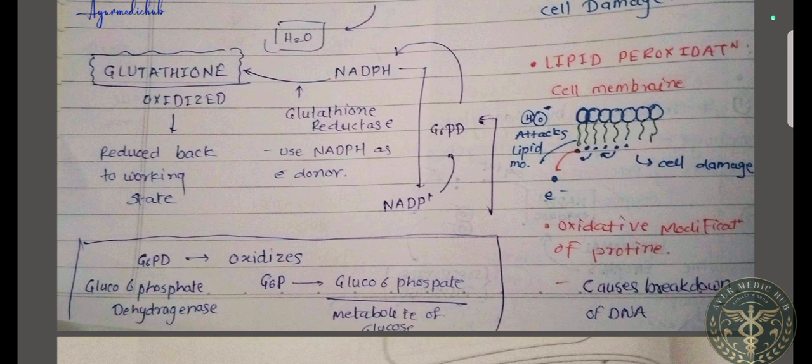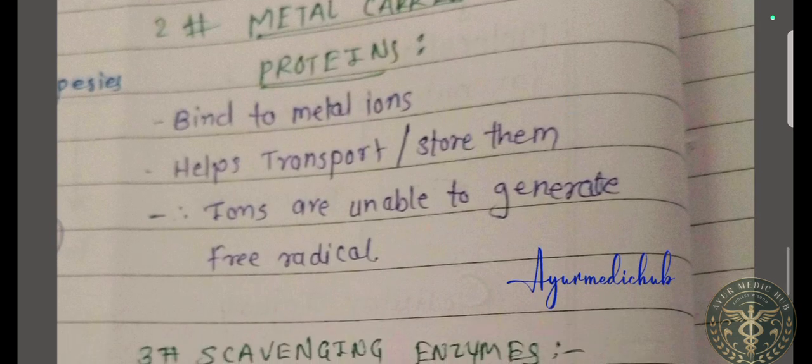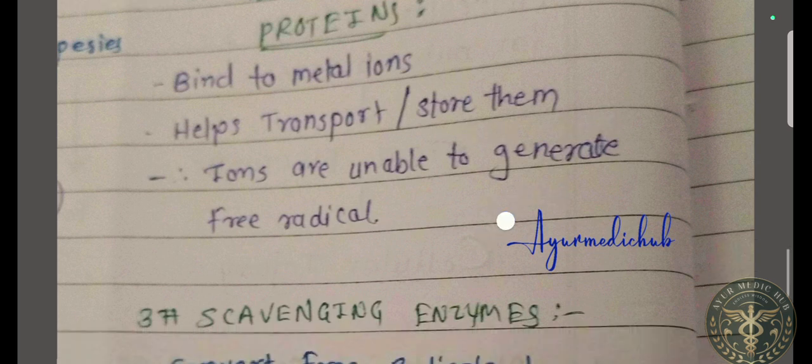It oxidizes G6P, which is glucose 6 phosphate. There are metal carrier proteins. They bind to the metal ions and help transport and store them. The ions are then unable to generate free radicals.